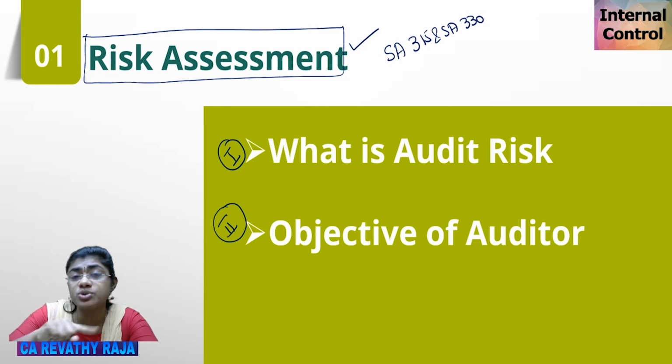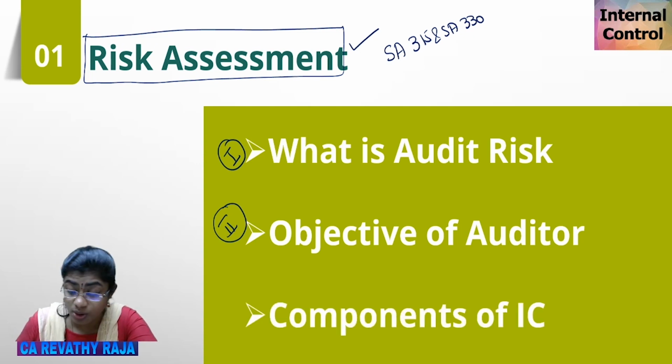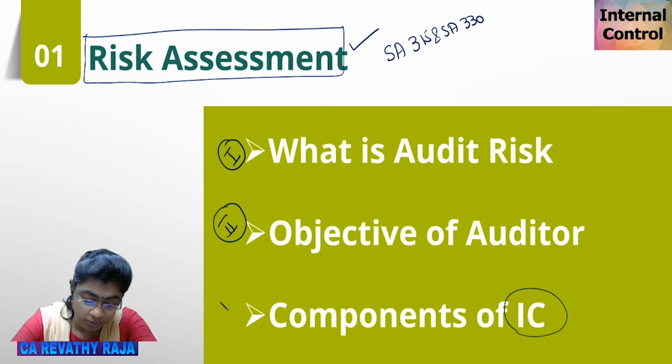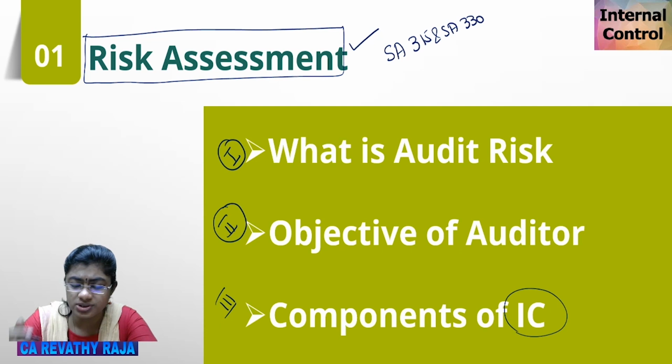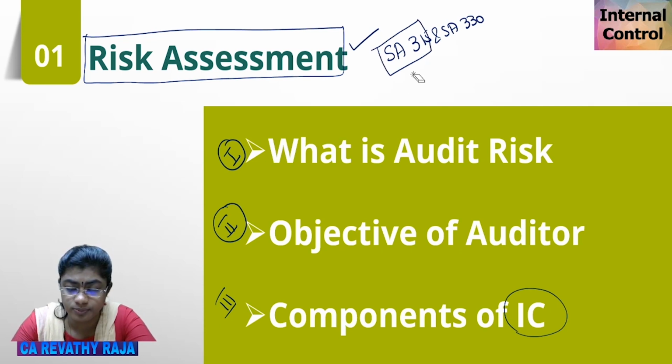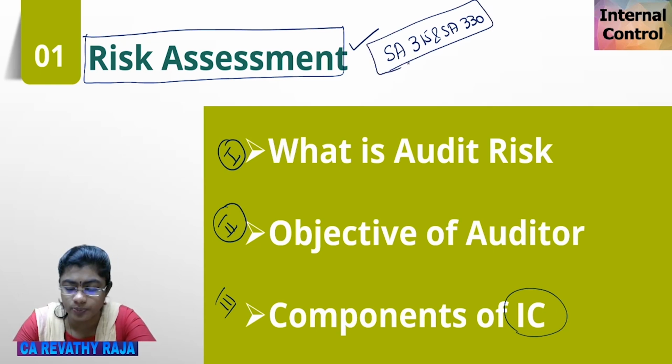That environment will include what? Internal control. So the third part will be components of IC. IC means internal control. So students, we are going to cover three topics related mainly to SA 315, and 330 also.